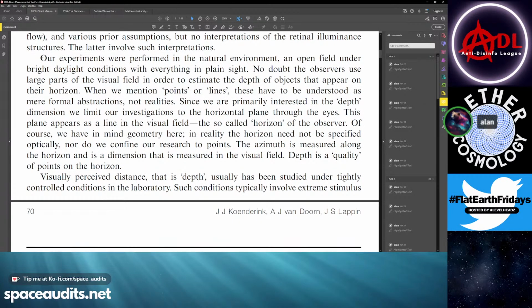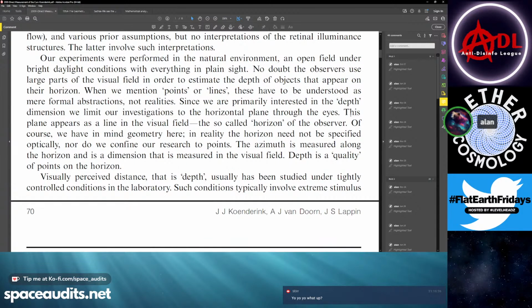So, our experiments are performed in the natural environment in an open field under bright daylight conditions where everything is in plain sight. No doubt, the observers use large parts of the visual field to estimate the depth of the objects that appear on the horizon. When we mention points or lines, these have to be understood as mere formal abstractions, not reality. Since we are primarily interested in the depth dimension, we limit our investigation to the horizontal plane through the eye.